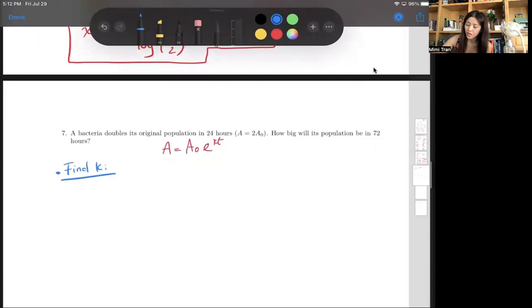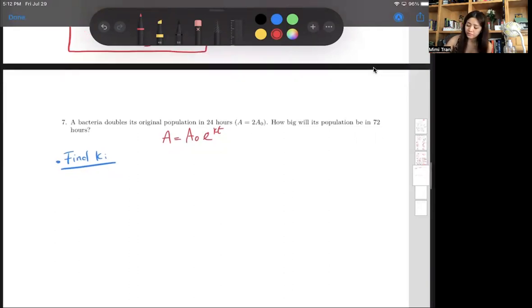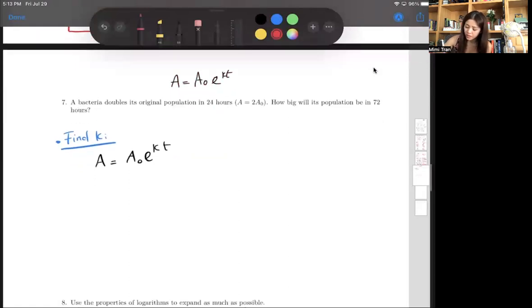To find k, I'm going to use the first piece of information: a bacteria doubles its original population in 24 hours. Let me rewrite the formula here: A equals A naught e^(kt). I'll give the formula on the exam. Instead of A, I'm going to replace A with 2A naught.